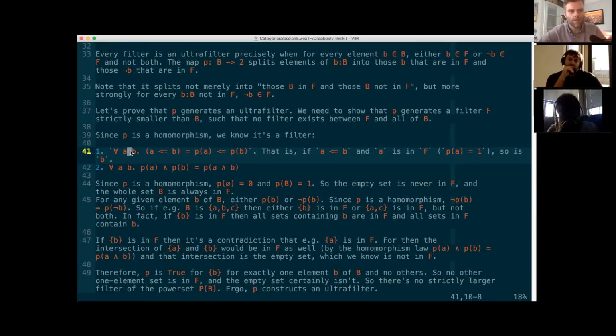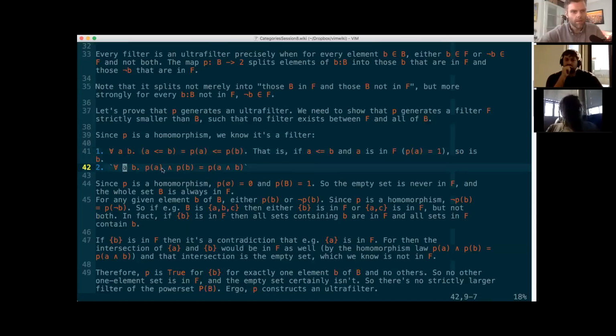So this is the first condition, that if A is in the filter, then if B is larger, then B is also in the filter. Make sense? So since this is a homomorphism, it preserves this relationship, so that if we assign A to 1, that is, it's in the filter, then we necessarily must assign B to 1 as well, because this less than or equal to relationship has to hold.